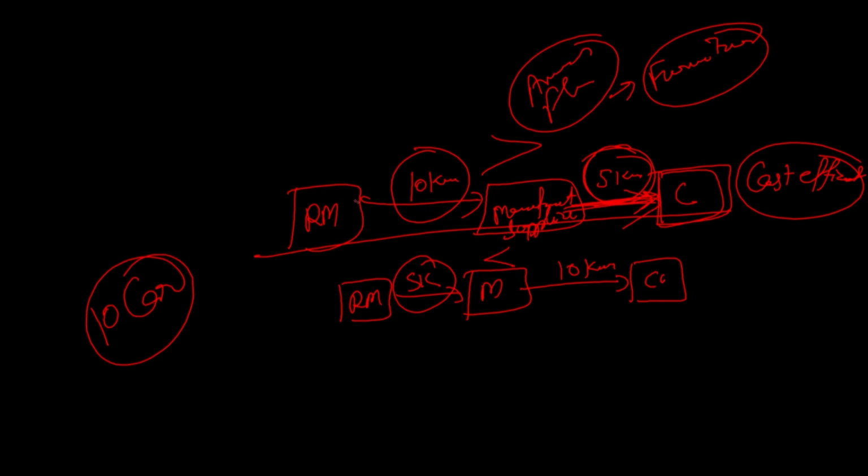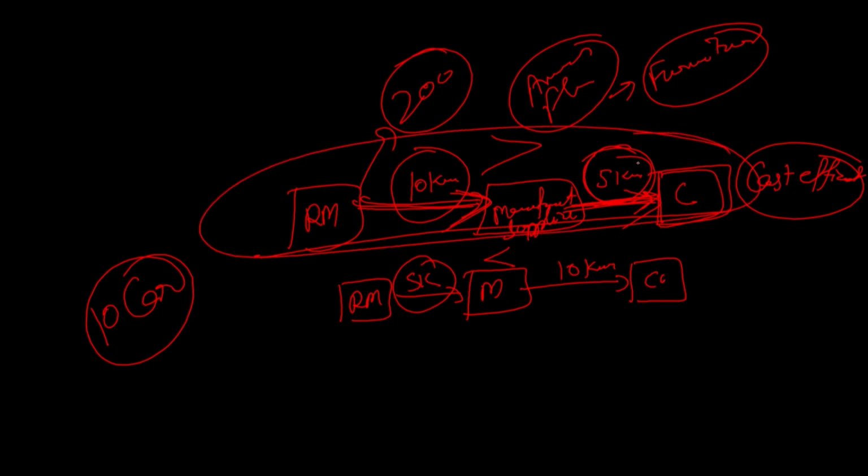But with 10 containers of dismantled raw material, I can carry maybe more than 200 cars' worth, because it is not the final product with packaging, so it takes less space. In lesser capacity, I can transport maximum material. So we try to follow this kind of network where the outbound logistics distance is lesser, because outbound logistics requires more space, so it is costly.